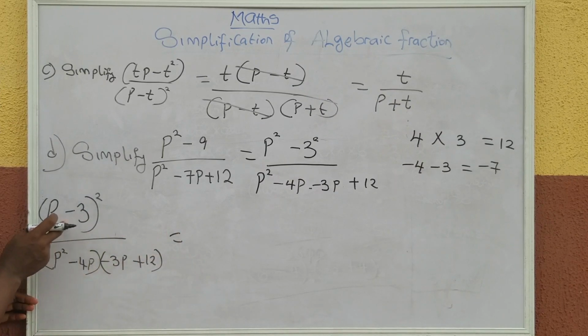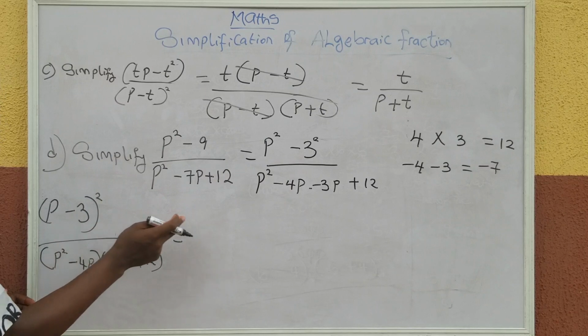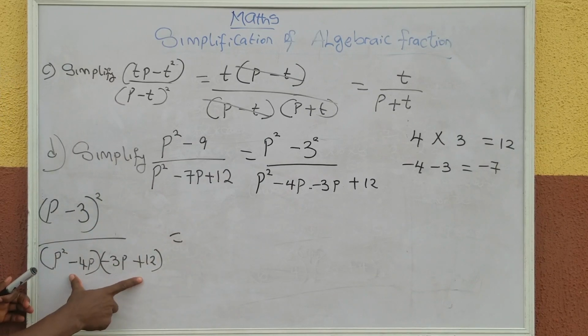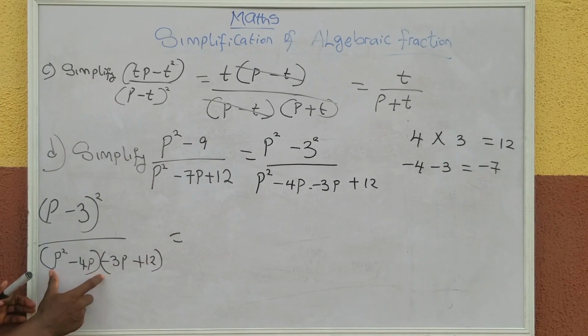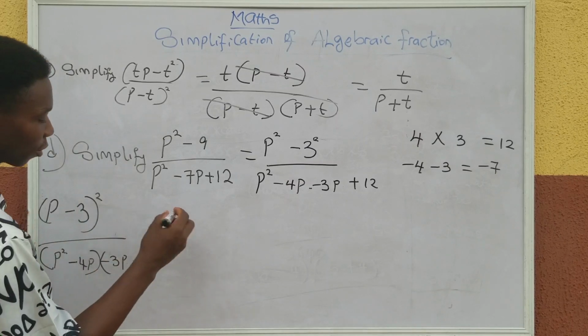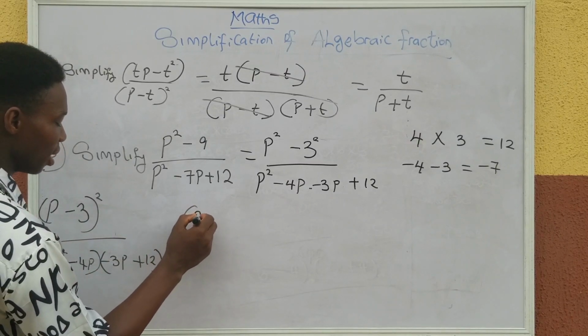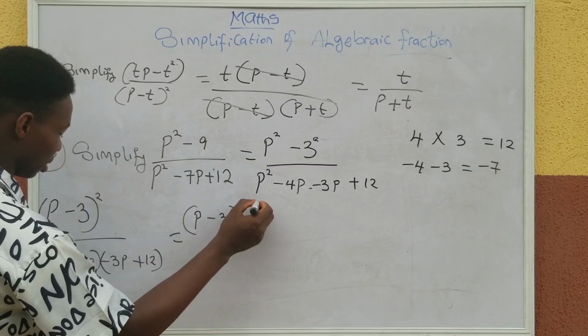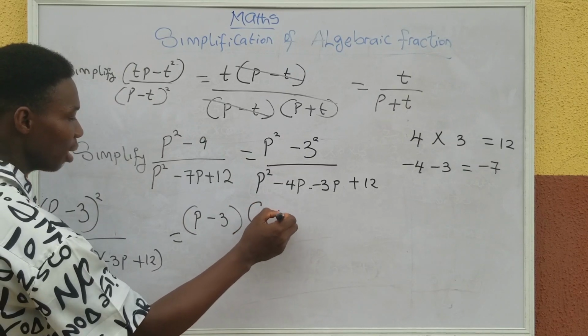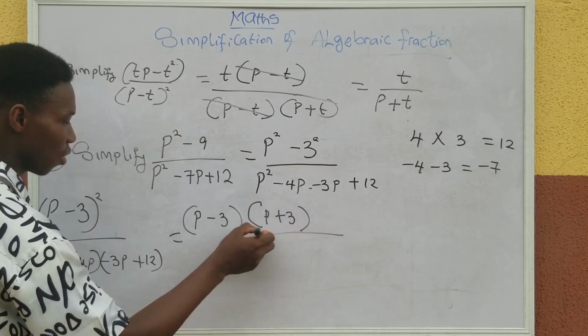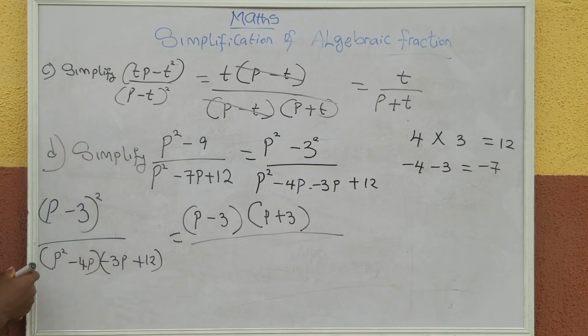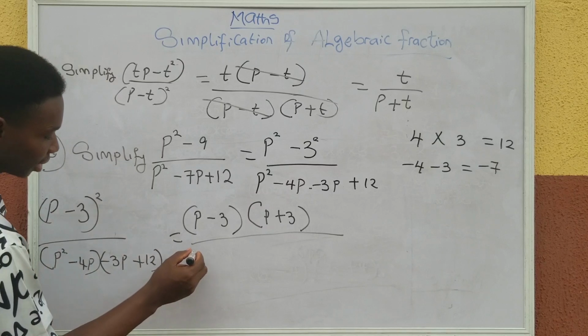So from here we group this in a bracket and we group this in a bracket. For the numerator, differences of 2 squared, while for the denominator, factorize what you have in each of the brackets. So from here, for the numerator, we have p minus 3, close your bracket, another bracket again, p plus 3, close your bracket. While for the factorization in this first bracket, we have a p here, write it out.